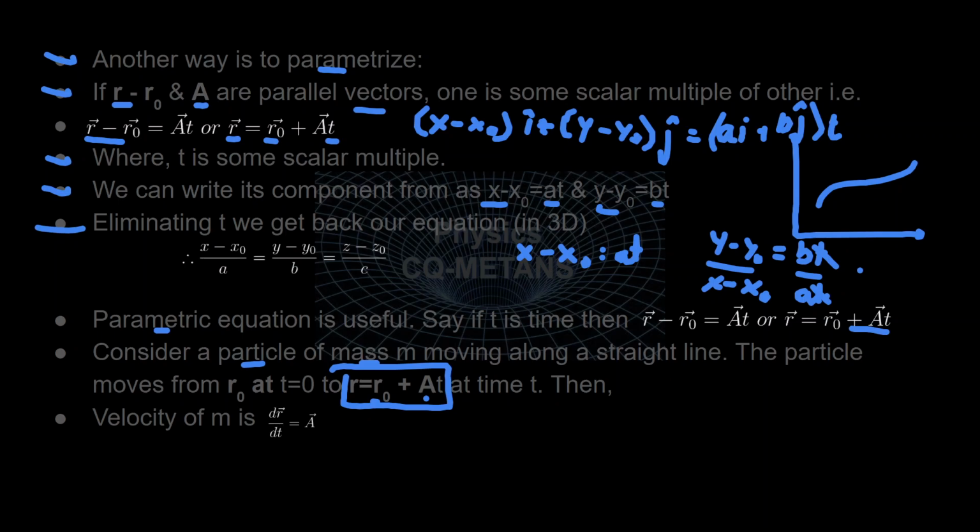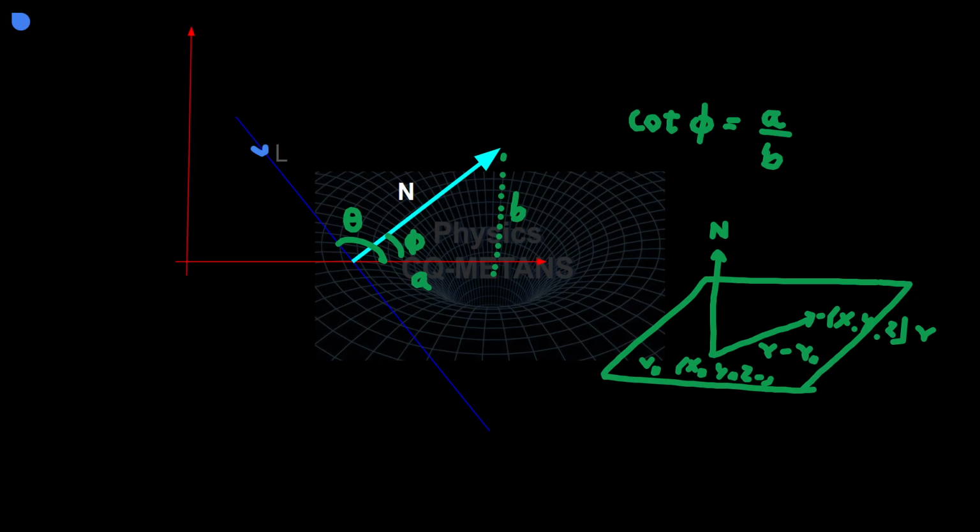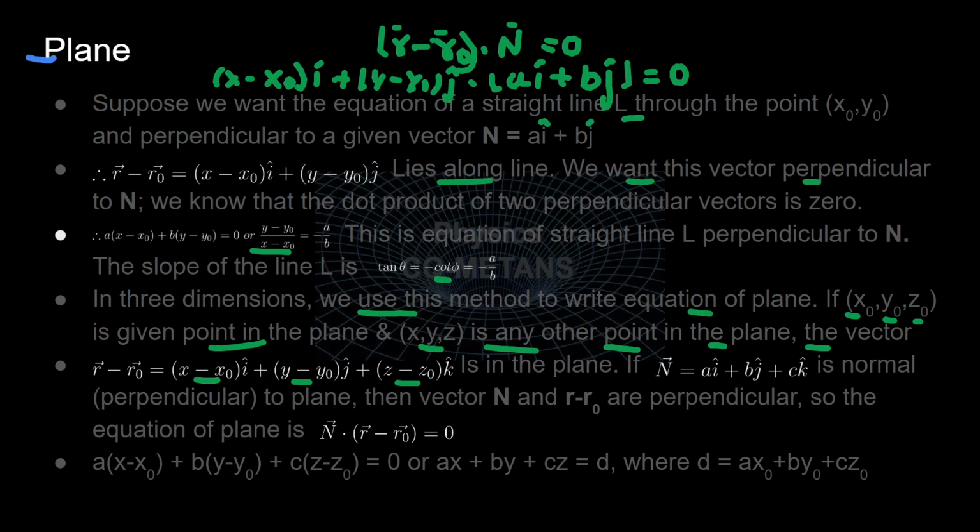Just think of it that you have a book and on the book you have placed your pen vertically. The point of this pen is pointing towards the ceiling. That will be the normal vector. So this normal a i plus b j plus c k is normal to the plane.